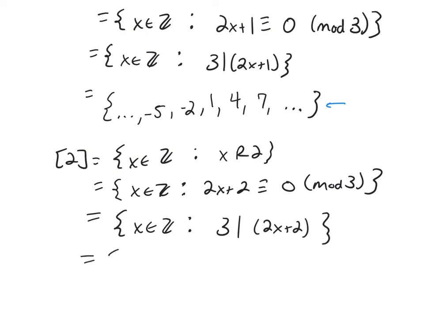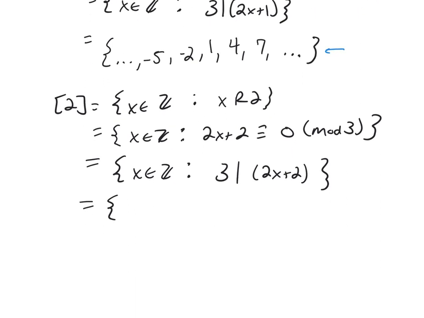So if I write out the elements in this equivalence class, you would have x is 2, because then 3 will divide 6. x could be 5 because 3 would divide 12. x could be 8, 3 divides 18.